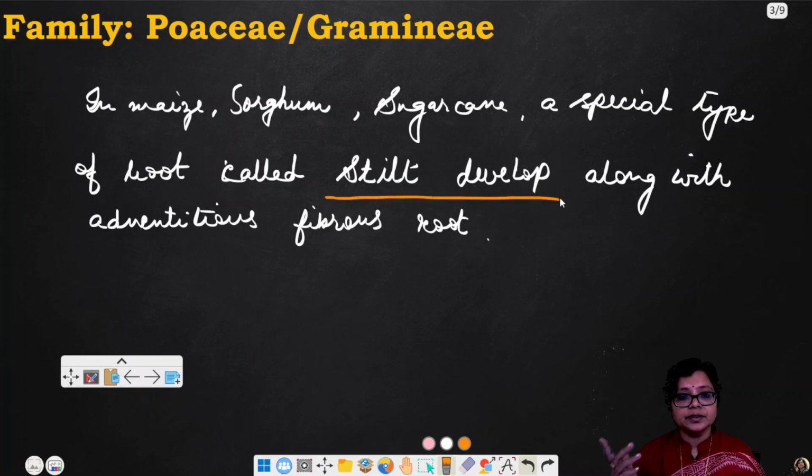Now the question is, what is stilt root? Stilt root is a special type of root which develops from the basal node obliquely to provide extra support to the plant.